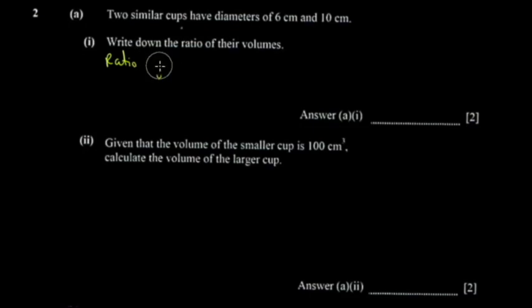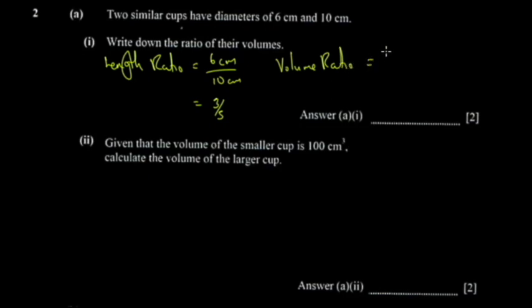It's better on the tongue. So length ratio equals 6 centimeters is to 10 centimeters, which is equal to 3 over 5.